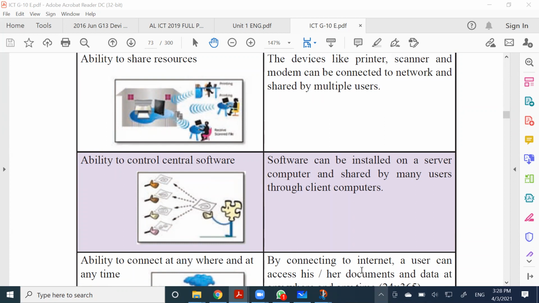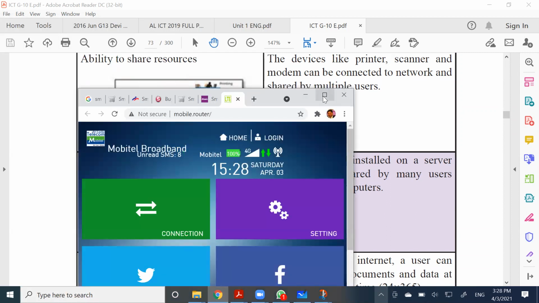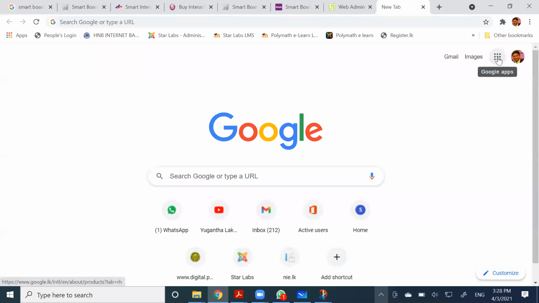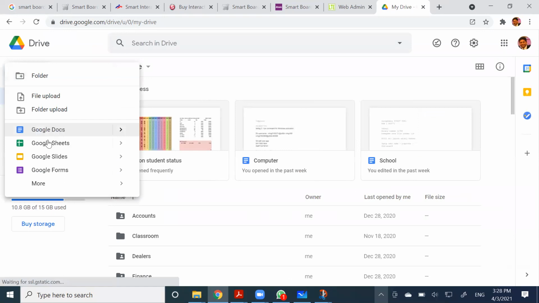When it comes to the network, we can store the application software in one particular place and ask the clients to use those applications. One good example is again the Google Drive. In Google Drive, we have applications like Google Docs, Google Sheets, Google Slides, Google Forms. If I open a Google Doc, I can work in that.